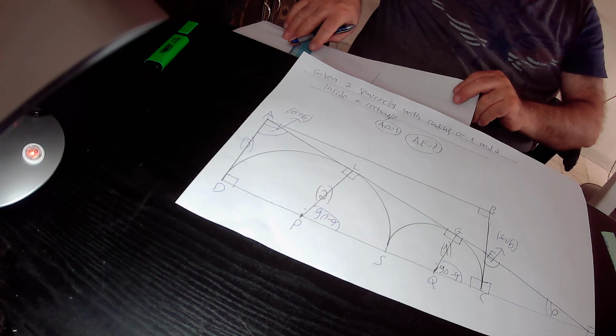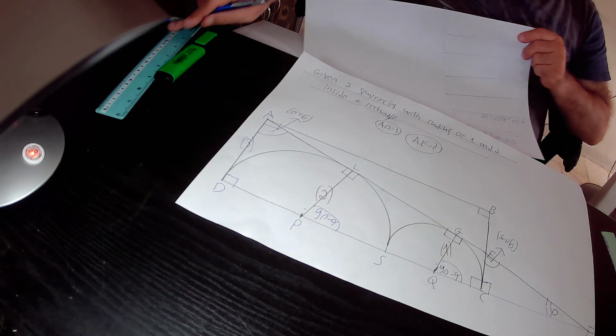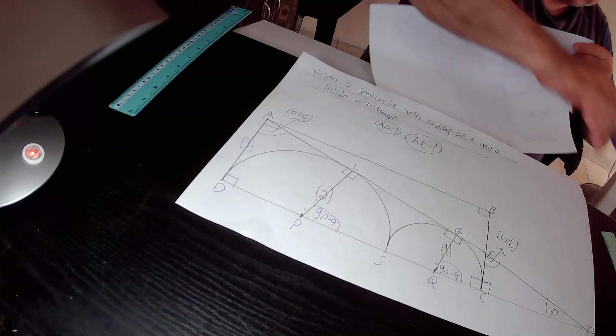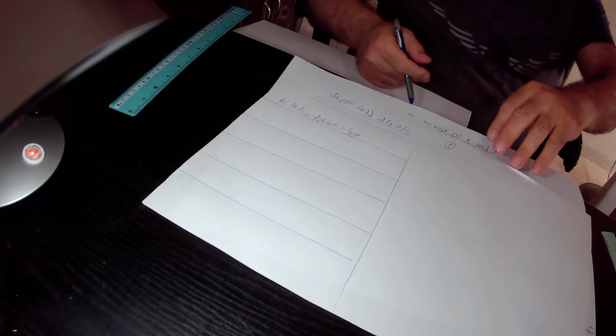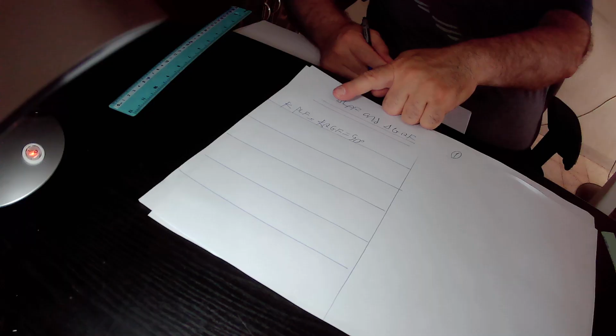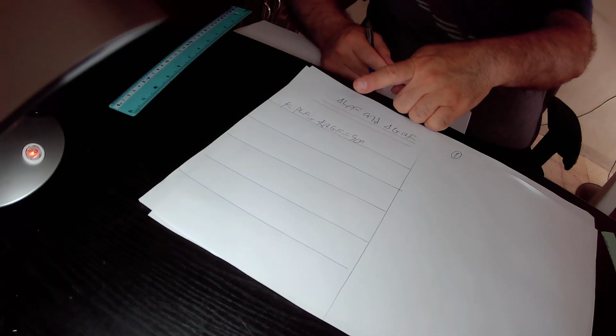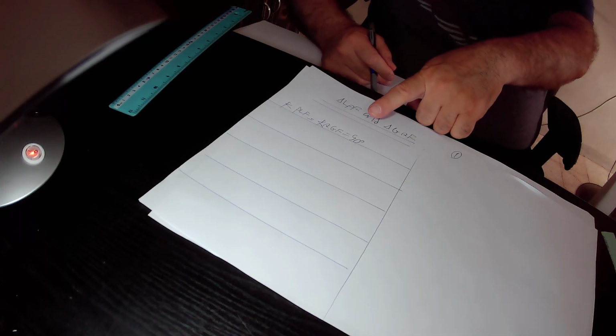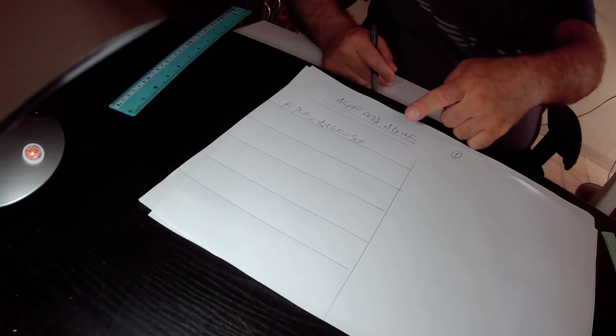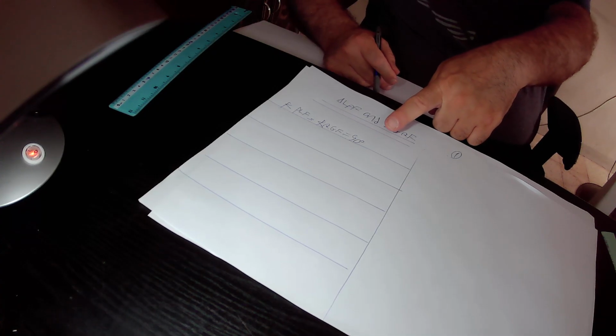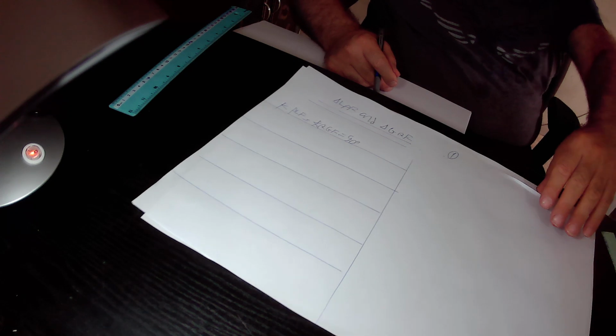So I'm repeating that. Angle PLF in the big right triangle LPF equals angle QGF in the small right triangle FGQ. They are both equal to 90 degrees and therefore they are equal to each other.